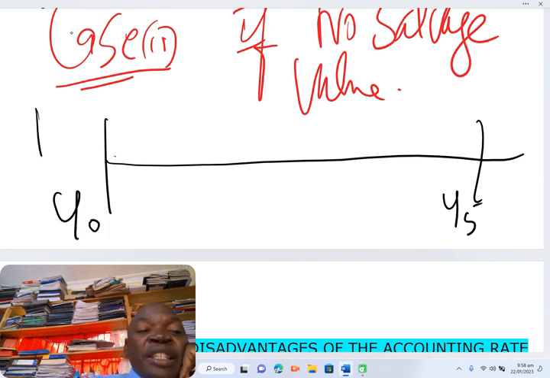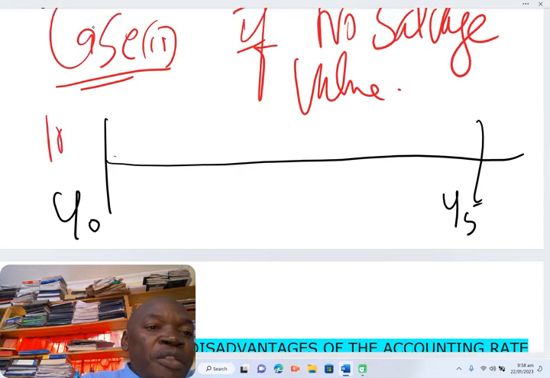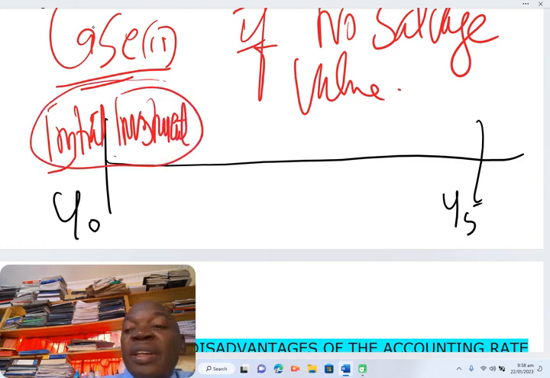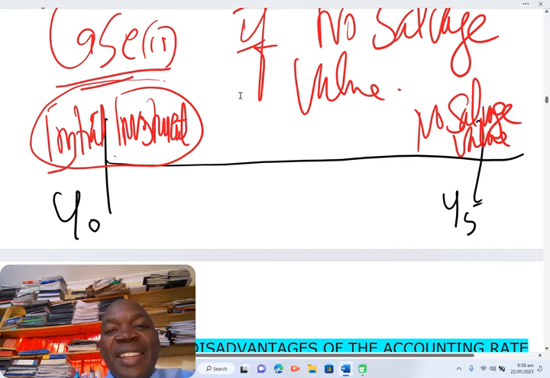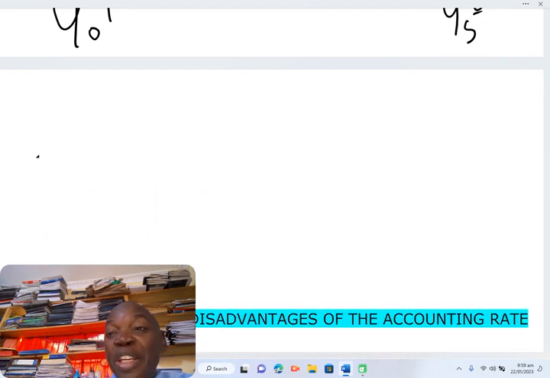Here initial investment has been provided, and again no salvage value here and no additional capital.